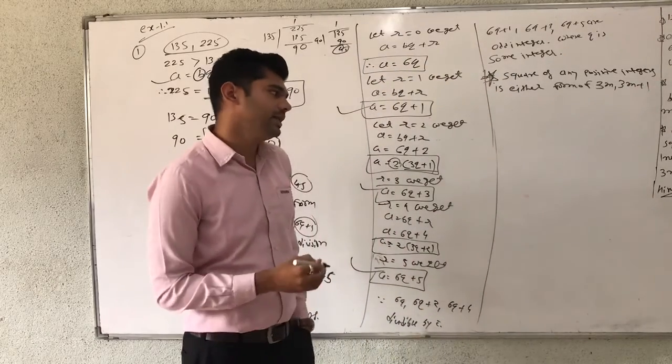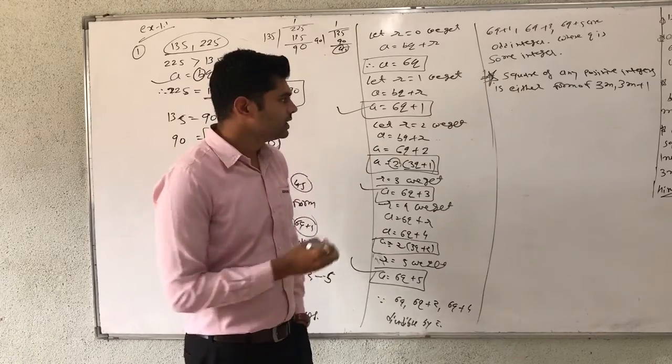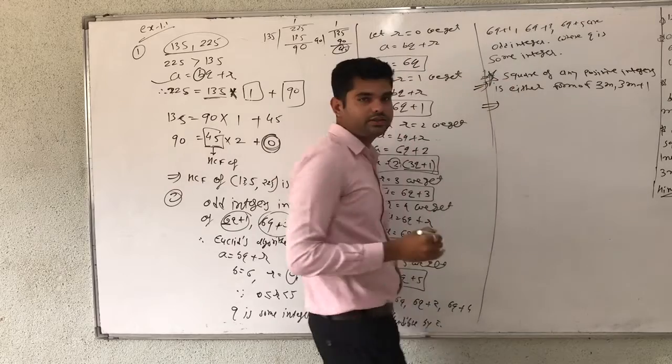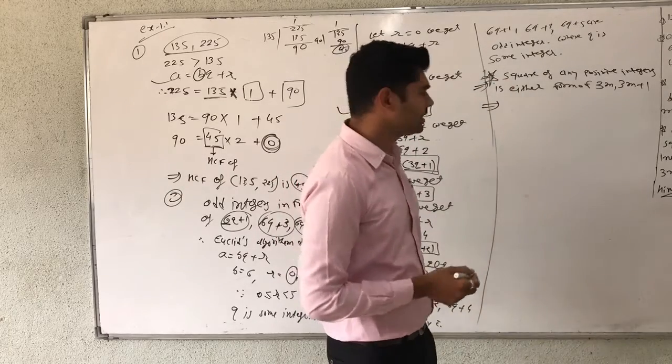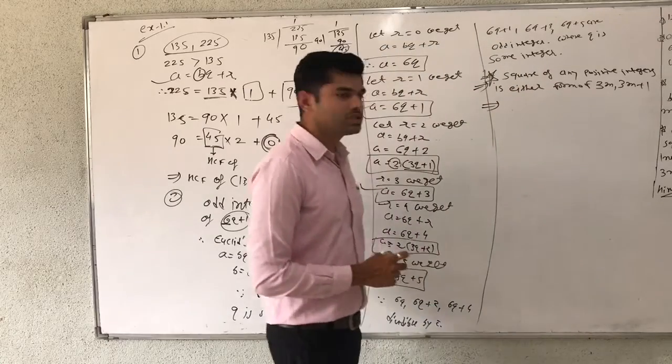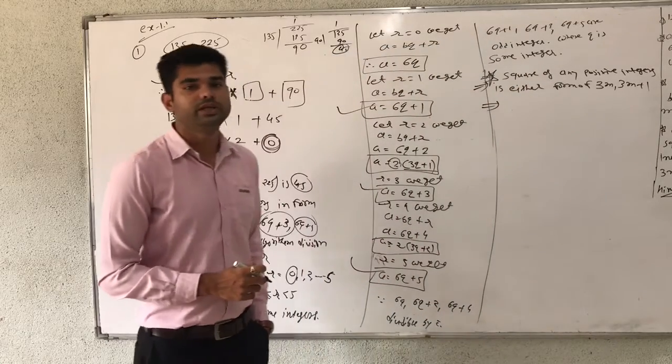Here a hint is given: after completing the question, 3q plus 1 and 3q plus 2, taking q as some integer.